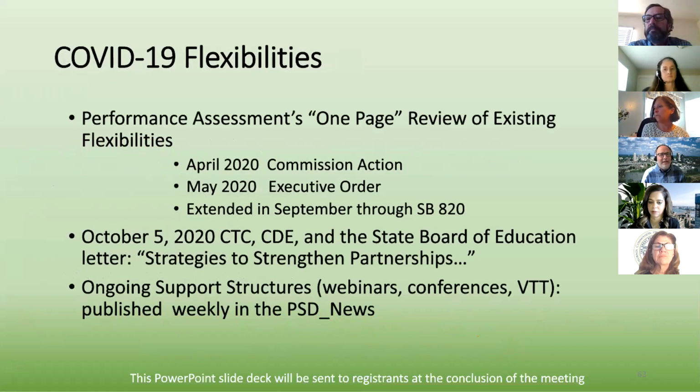There are a number of existing flexibilities that have been provided in one page. You can see that the commission took action in April of 2020, the executive order that was provided by the governor in May of 2020, and then it was extended in a rider with the budget for SB 820.